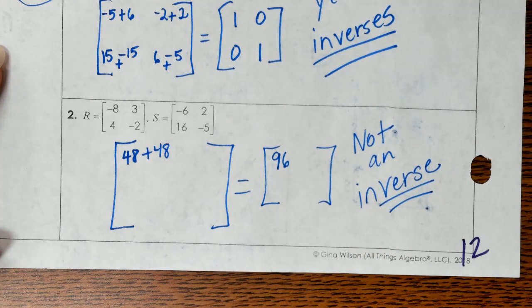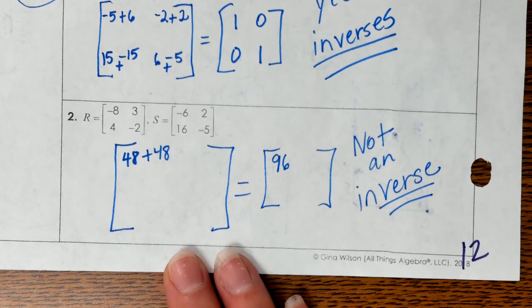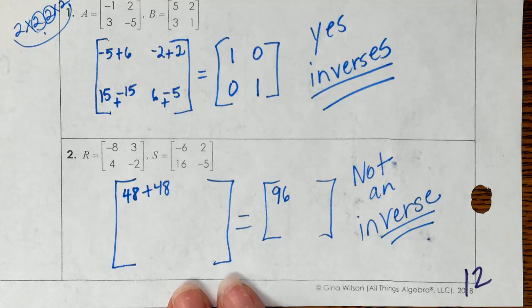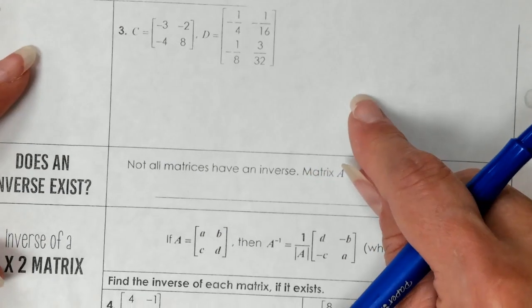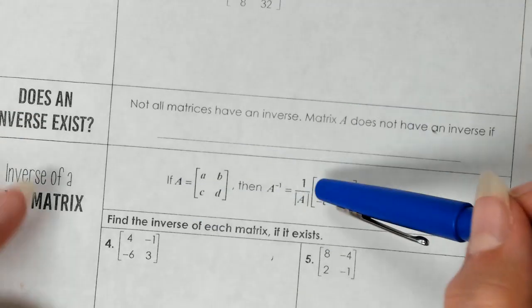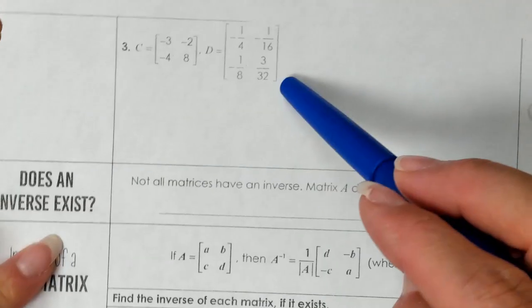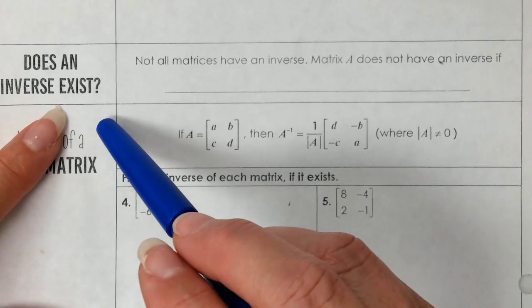Okay, so let's move to page 13. And on page 13, it has another little bullet. I'm going to let you guys do this one, or we'll come back to it if there's some extra time. They're just going to have you multiply the two matrices and see if it's the inverse. It's just like problem 1 and 2 that we just did. But right here it says, does an inverse exist?